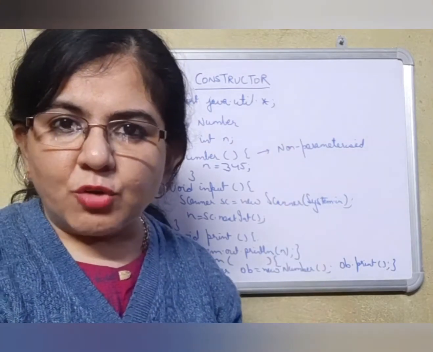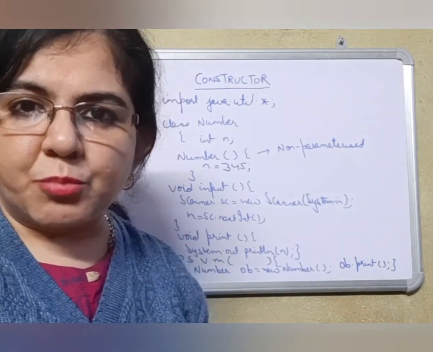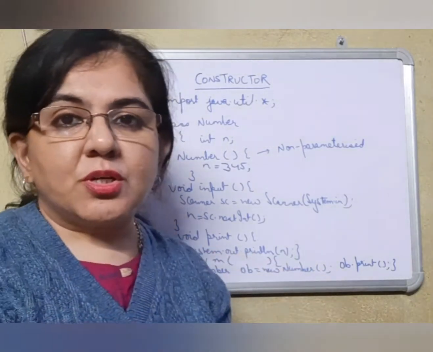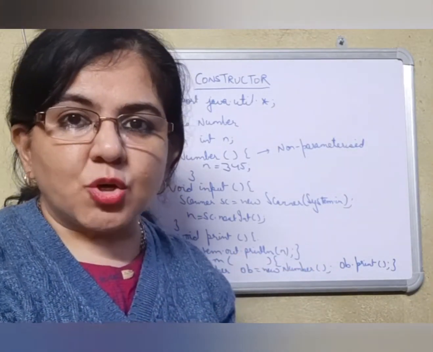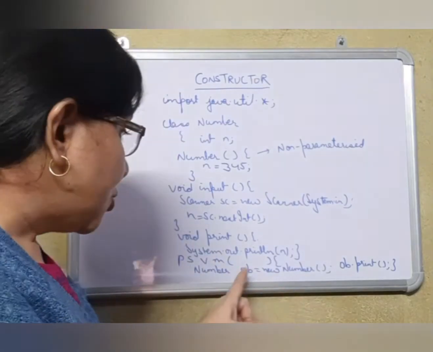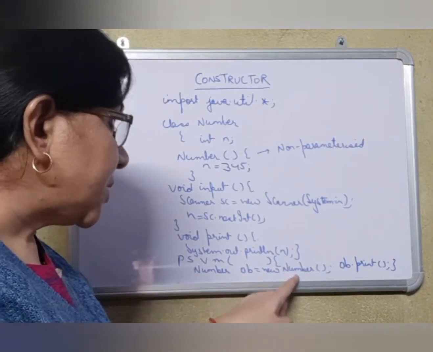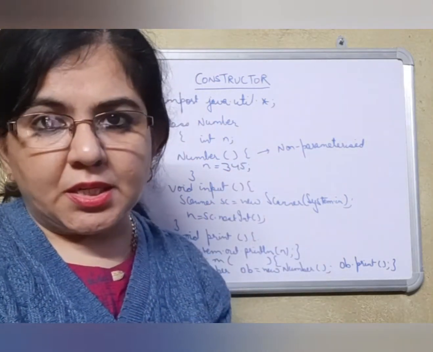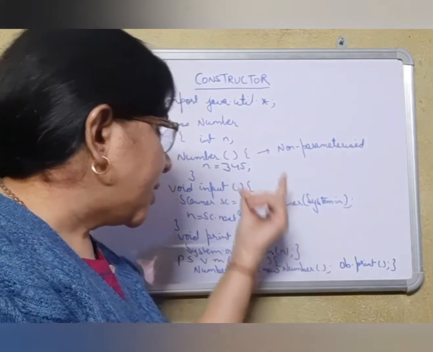So now the value of n is 345 throughout the program. And basically the question also comes that which unit of the class is automatically called when an object is created. So when you are creating the object, automatically your constructor is called. You do not have to call it explicitly. The constructor is automatically called.